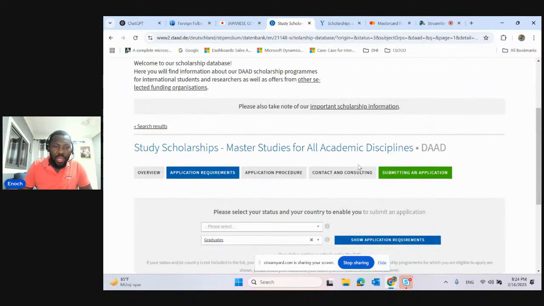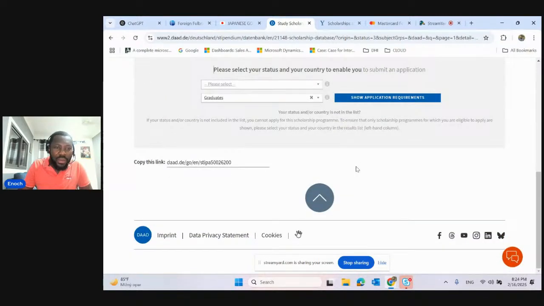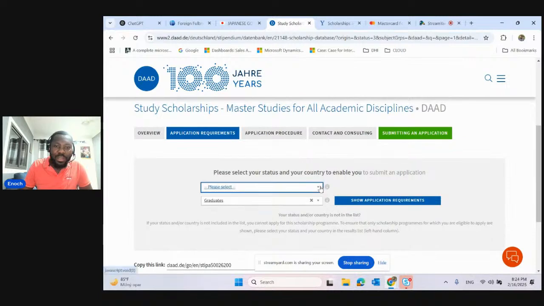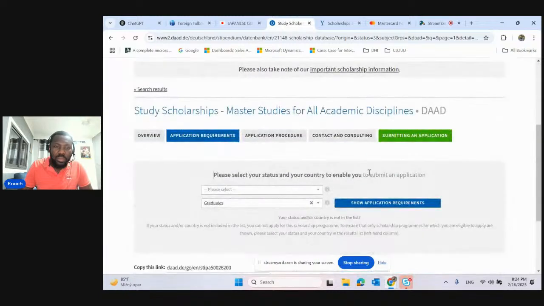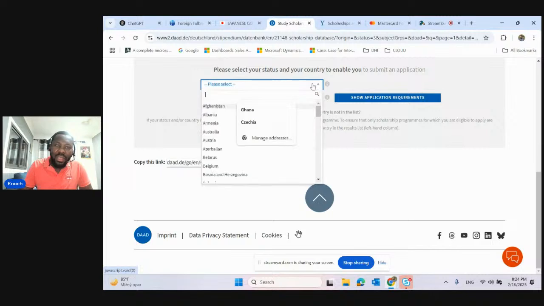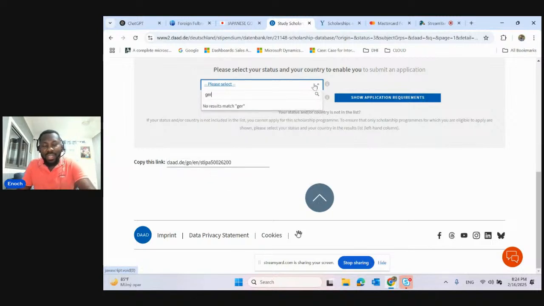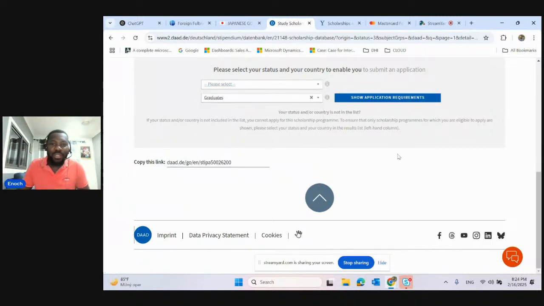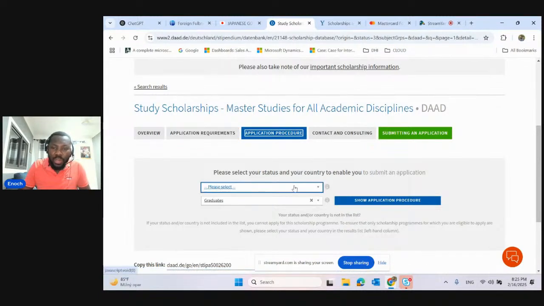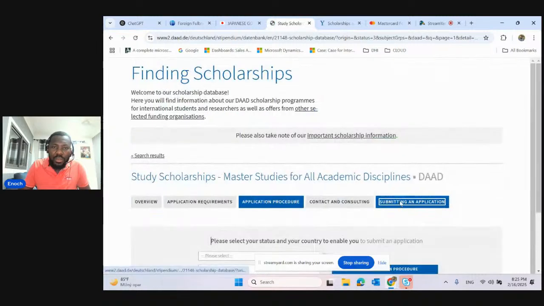Here it's not giving me any data or requirement based on my country, so I will leave it at that. But you can always check for your specific country, and then you can read about the application procedure.